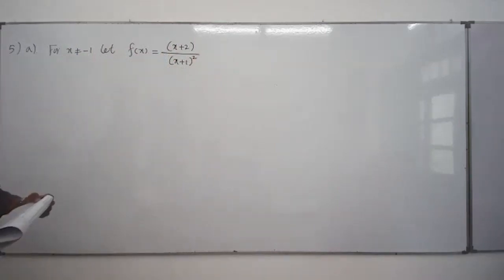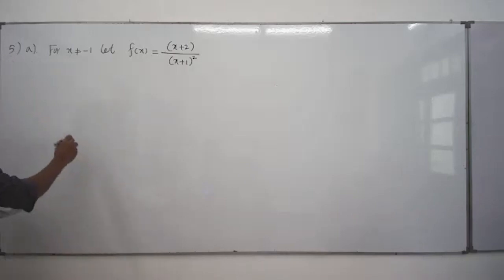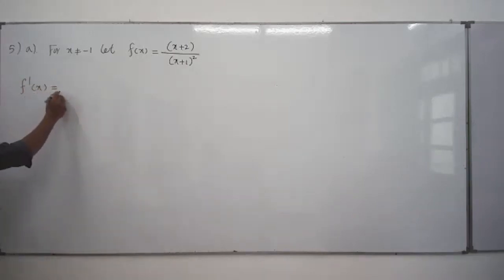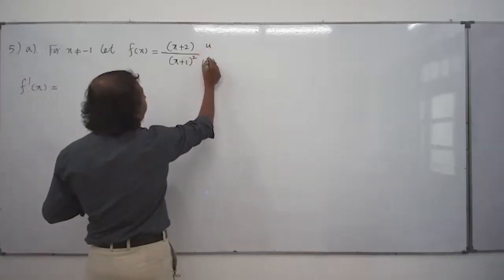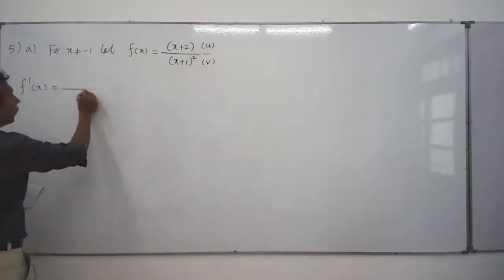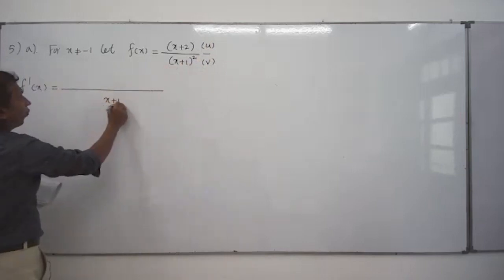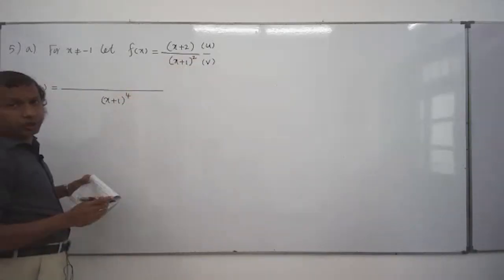Show that f dash x, the derivative of f(x), is given by this. We have to differentiate this. F dash x means the first derivative, right? So here you have to follow: this is u, this is v. First we have to square this, x plus 1 squared, v squared.